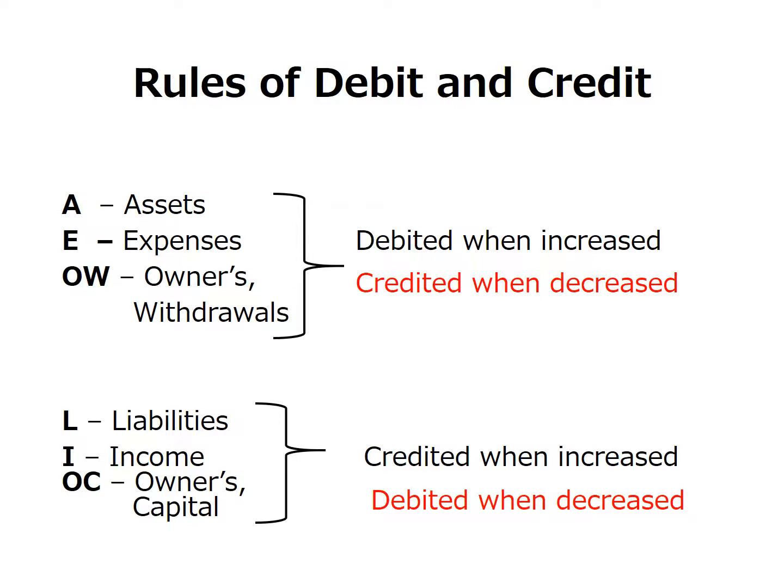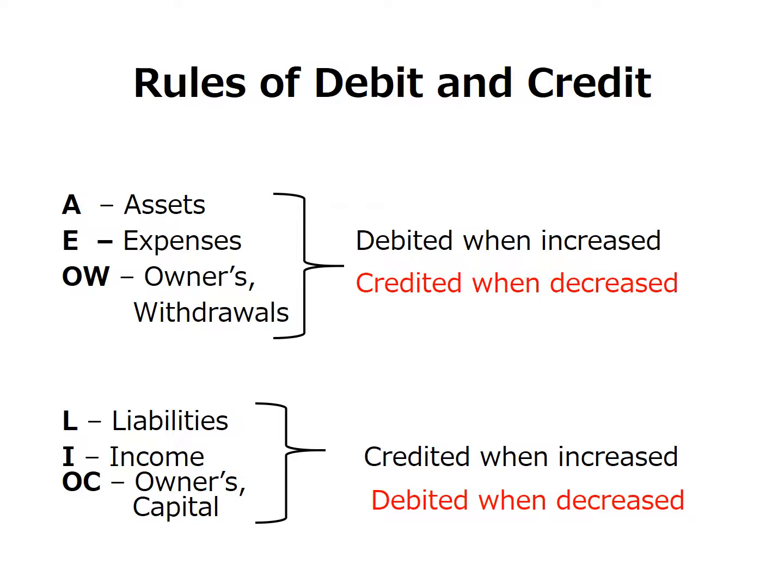To help you remember the rules of debit and credit, assets, expenses, and owner's withdrawals are debited when increased and credited when decreased. Liabilities, income, and owner's capital are credited when increased and debited when decreased.